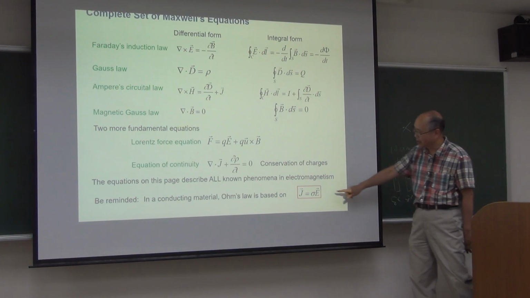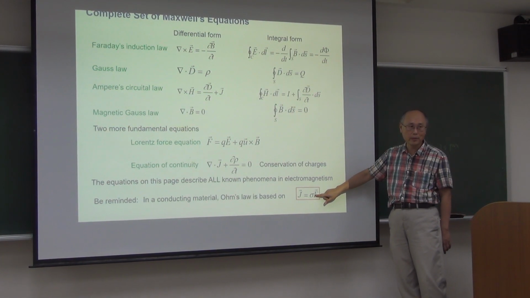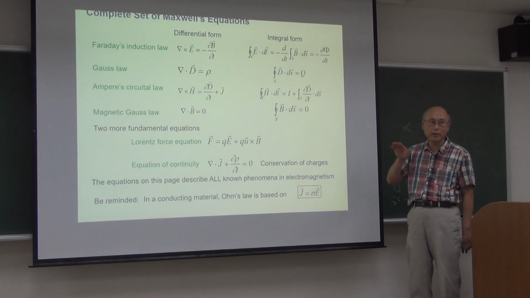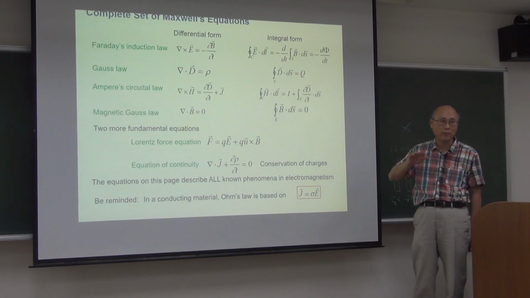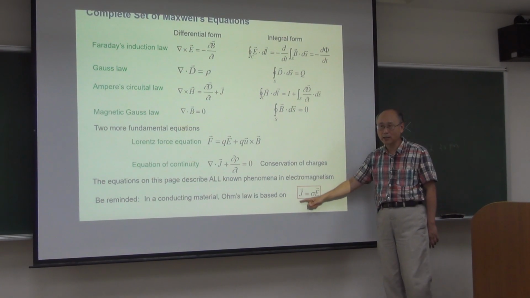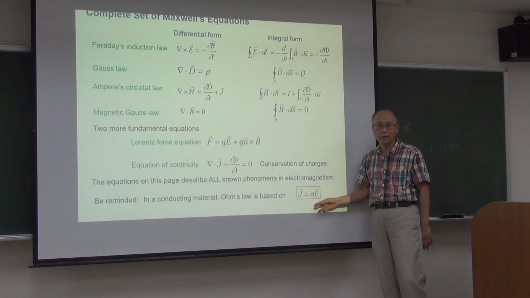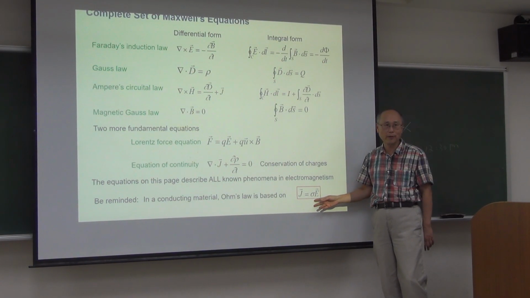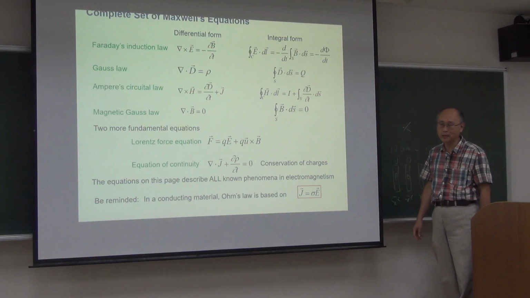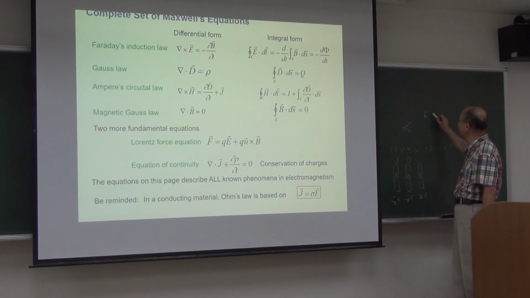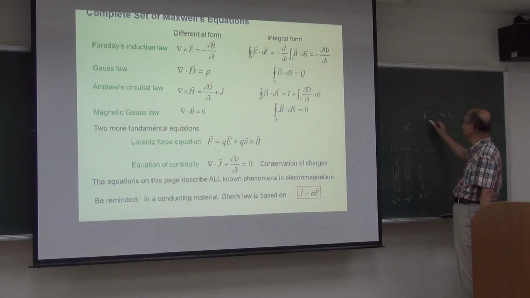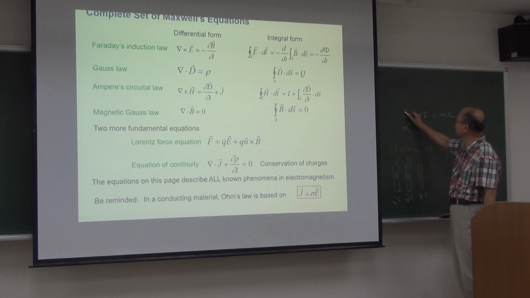Okay? But if it's not an ohmic material, for example, if you have a current or charge propagating in vacuum, it's not going to follow this formula. Okay? It's going to follow the F equals ma kind of relationship.